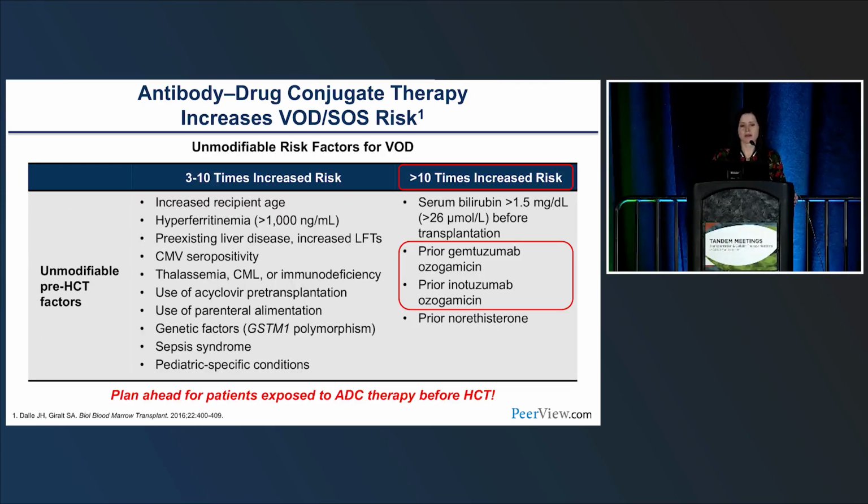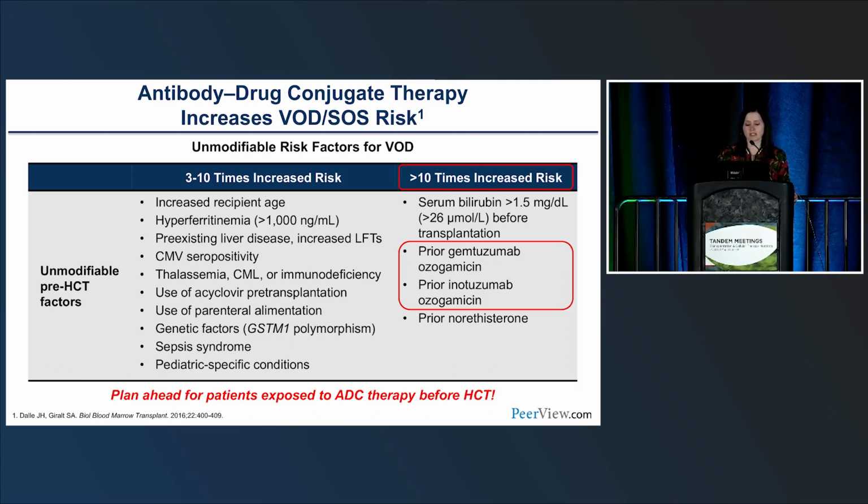One thing to think about in our modern therapies is how antibody drug conjugate therapy can increase your risk for VOD. Among the risk factors listed, we see things with a 3 to 10 times higher risk. These are unmodifiable: increased recipient age, hyperferritinemia, prior liver disease, CMV seropositivity, and certain underlying disorders.